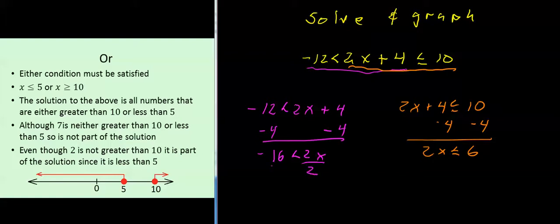Divide by 2, x is bigger than negative 8. And over here, divide by 2, x less than or equal to 3. So now, I'm going to write my final answer.